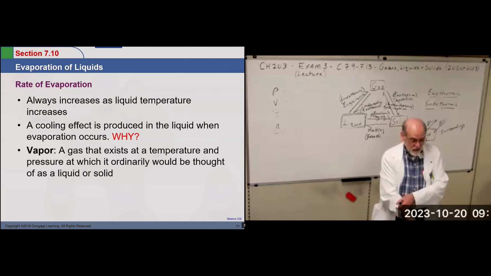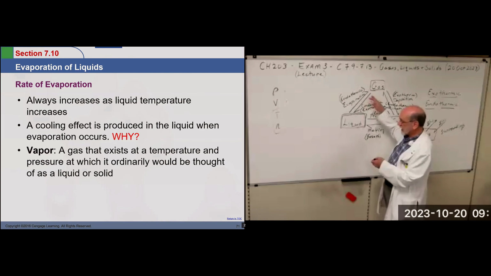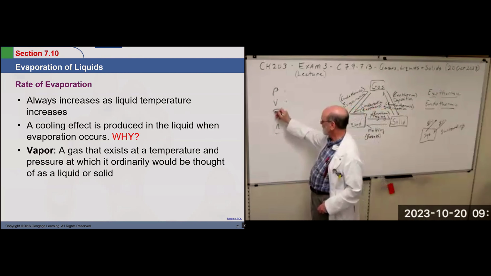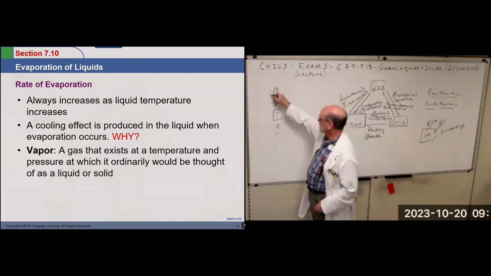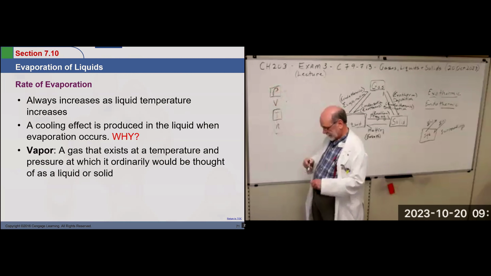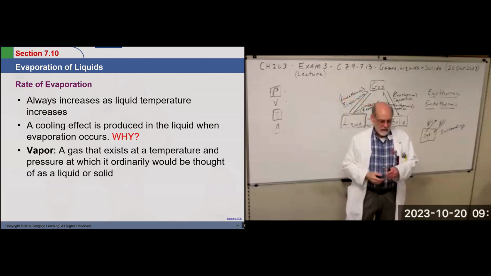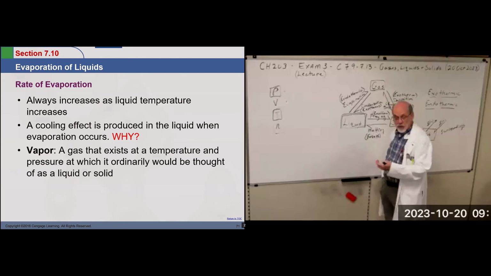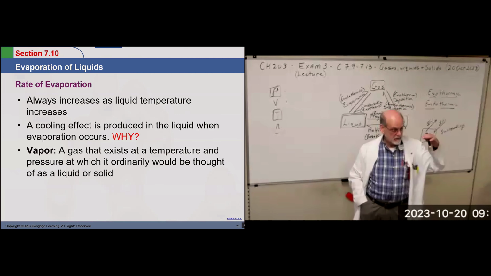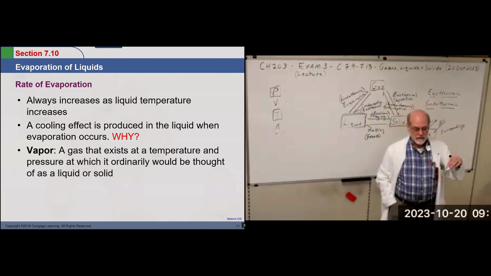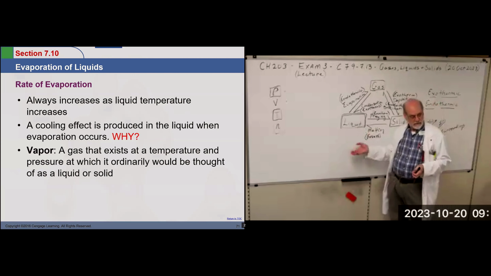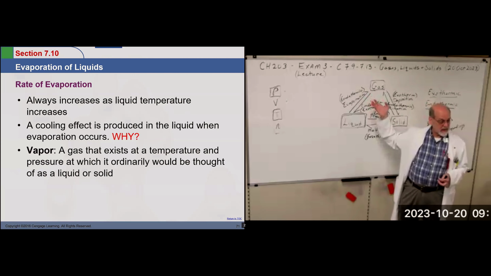Now, the transition from liquid to gas is sensitive to both temperature and pressure. So you add more energy to it, or you can decrease the head pressure, and you get more of the liquid molecules being removed into the gas phase.